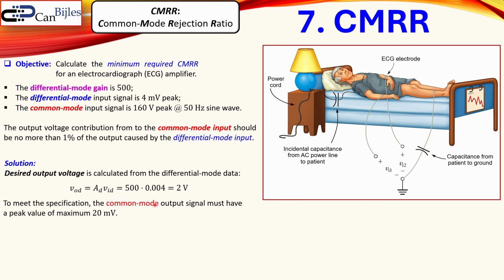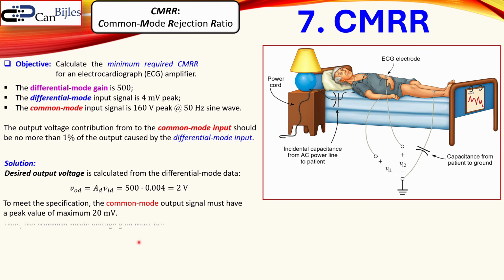But to meet the specifications, we accept just a maximum 1% error in the output. That means we can have only 1% of this value at the output because of the common mode operation. That means our output voltage is allowed to be 0.02, just 1% of the 2 volts.